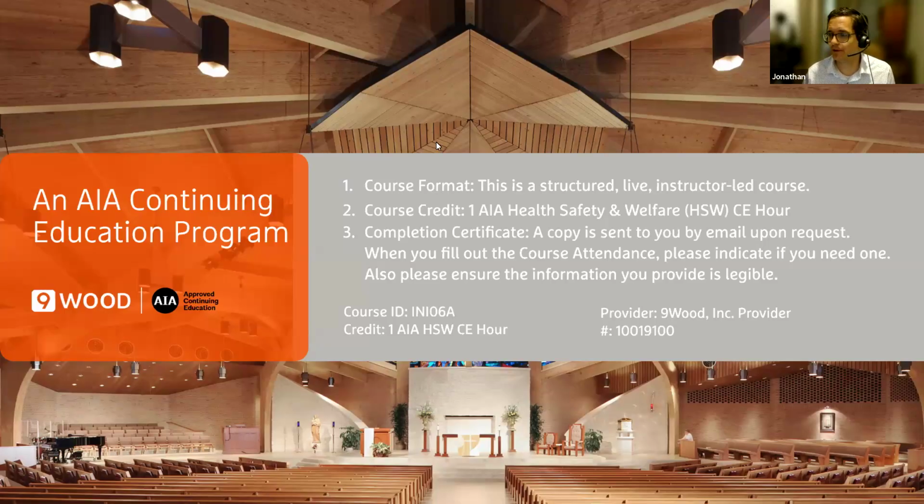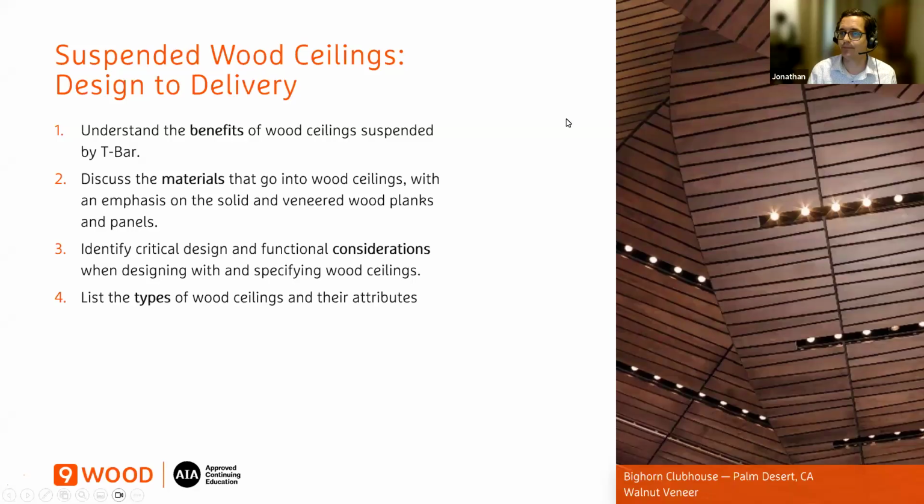So with no further ado, I'll go through the AIA course here, and feel free to throw out any questions in the chat, or even raise your hand regarding anything. This course could be basic or it could be new information. It covers suspended wood ceilings, kind of designed to delivery, an introduction to custom wood ceilings, understanding the benefits of suspended wood ceilings to T-bar, and the different materials that go into a wood ceiling.